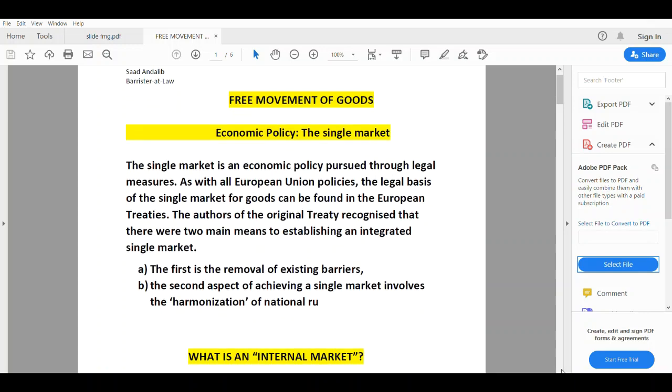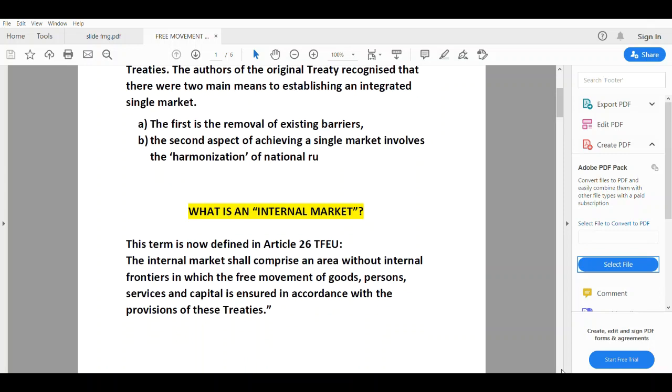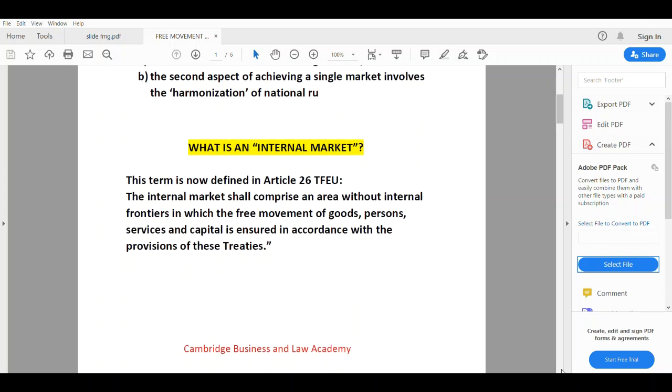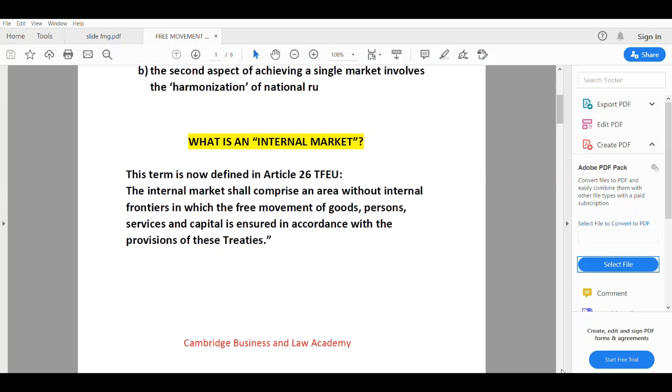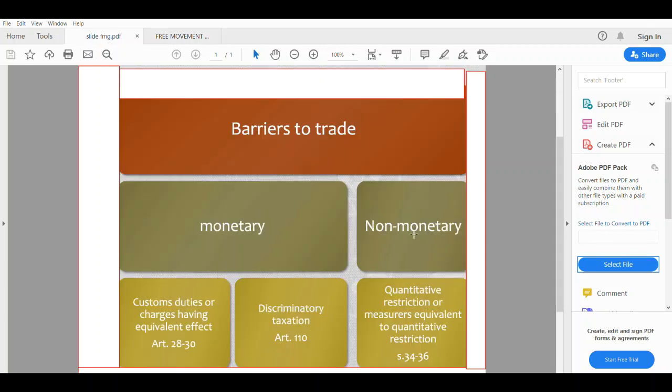So if we now consider the definition of an internal market, as we have already suggested, you can find the definition in Article 26 of the TFEU. When considering the free movement of goods, it is very important to distinguish clearly between monetary barriers and non-monetary barriers.